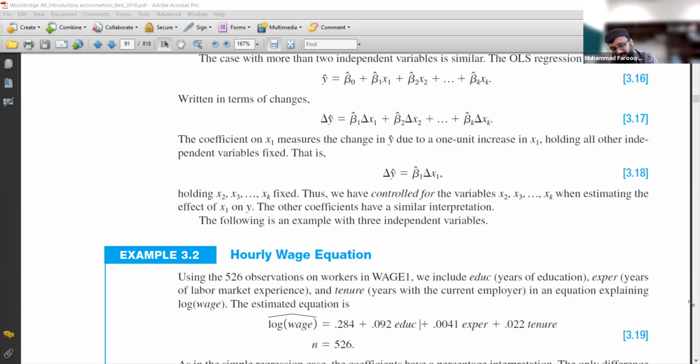But yes, the experience coefficient is the smallest. Actually, we will talk later on in this course that it's not a fair comparison.